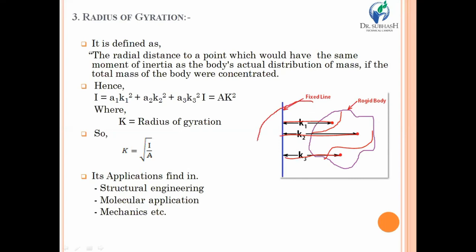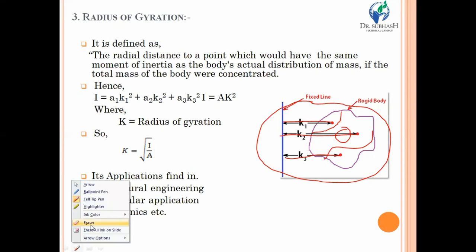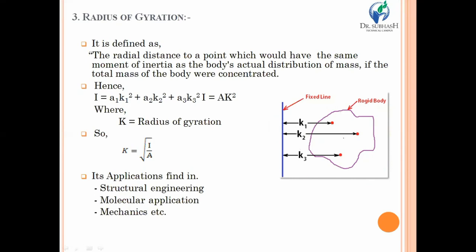By summing all of those, I1 to I3 or however many sections you have made, the total is always equal to the moment of inertia of the entire body that you calculated initially. By calculating both, you will realize that there is one common distance in the body for which the moment of inertia remains the same in case 1 and case 2.